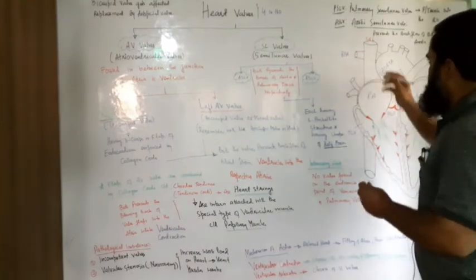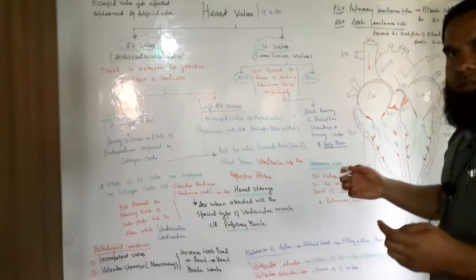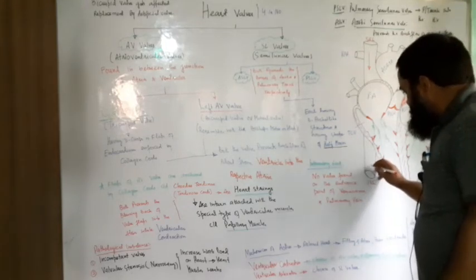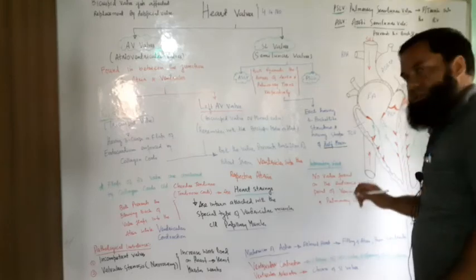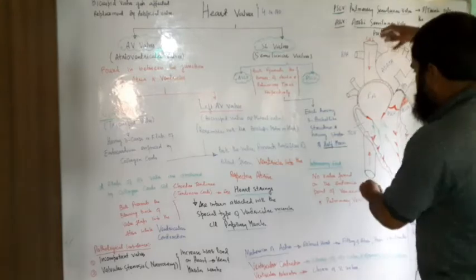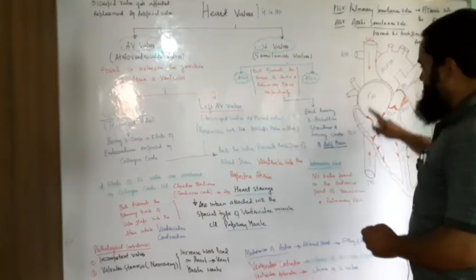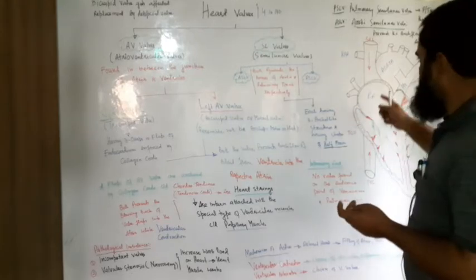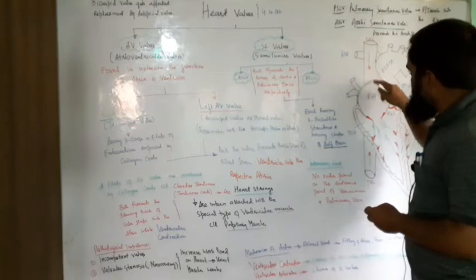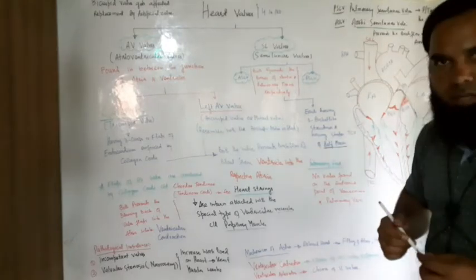The superior vena cava collects the deoxygenated blood from the upper parts of the body, that means above the diaphragm. The inferior vena cava collects the deoxygenated blood from the lower parts of the body, below the diaphragm. This collection of blood goes into the right auricle. That means they collect the blood from all parts of the body and then it drains into the right auricle. But these vena cava are not guarded by valves.